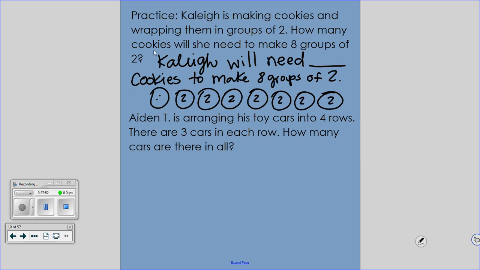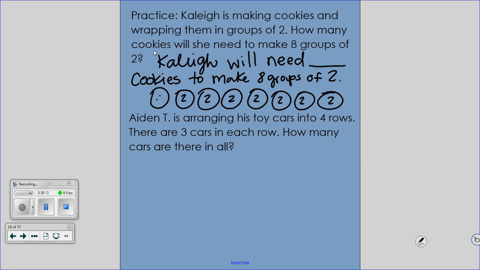What equation goes with my visual model I just made? What equation is going to go with that? 2 plus 2 plus 2. I could do a repeated addition equation, that's not wrong.